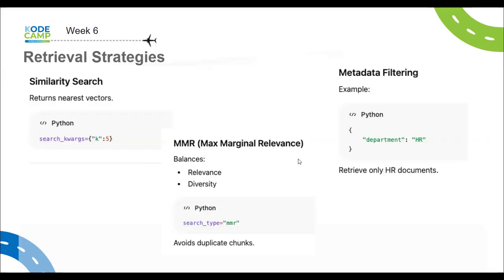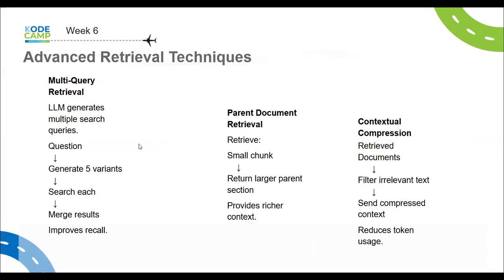Then there is advanced retrieval. So advanced retrieval is where you can use multi-query. That's one way. Multi-query retrieval is where you have the LLM generating multiple search queries. Okay. So if the user passes in a prompt or a question, you ask an LLM to come up with, for example, five different variants of that same question.